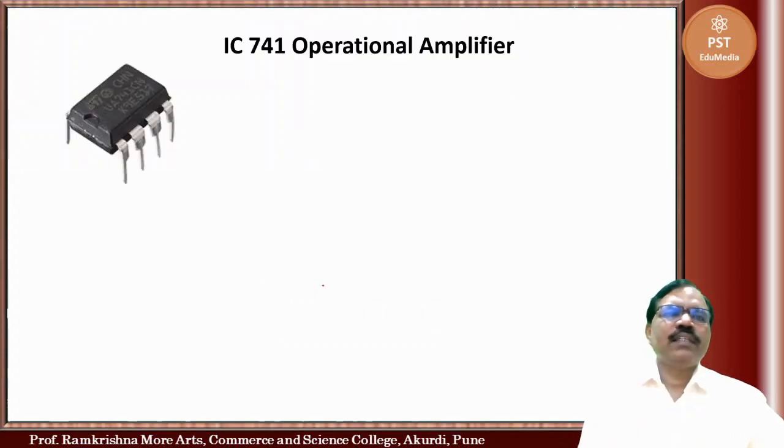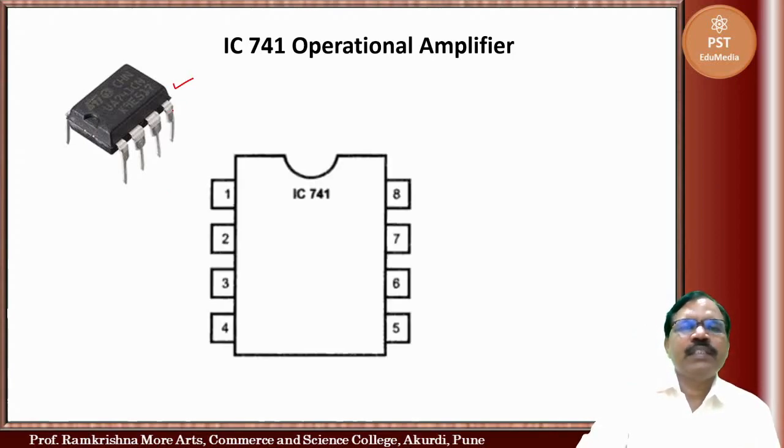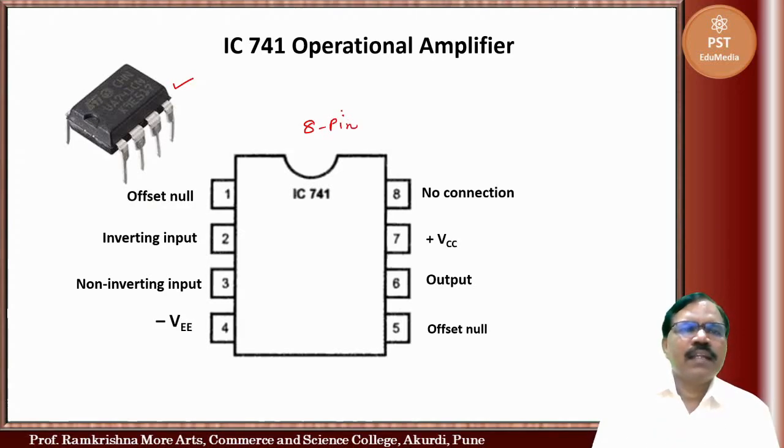So here is the operational amplifier we are going to use. It is the IC741 operational amplifier. It looks like this. If we see its block diagram, it is actually an 8-pin IC, and these are the pins.